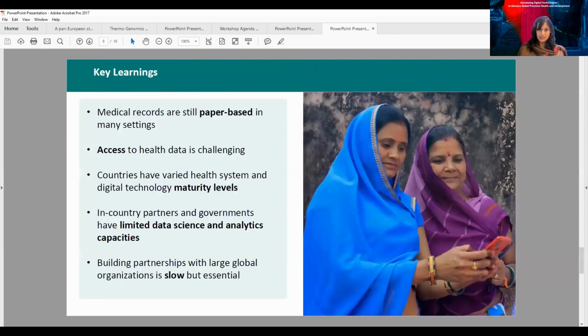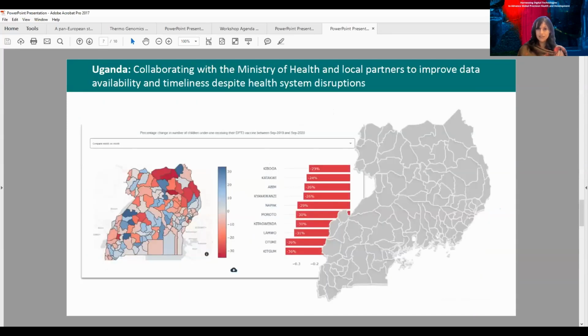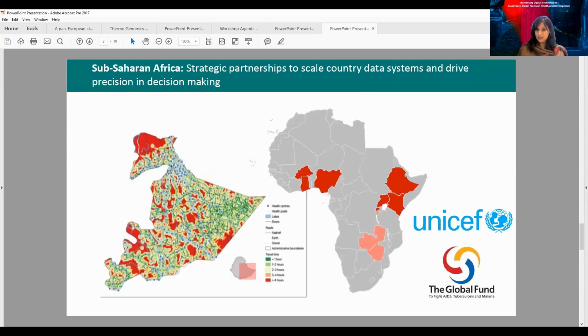Yes, I can. So very quickly, we did similar programs in Uganda, looking at essential health coverage during the pandemic. And similarly in several parts of Africa, in Ethiopia, using GIS services to find where there are gaps.